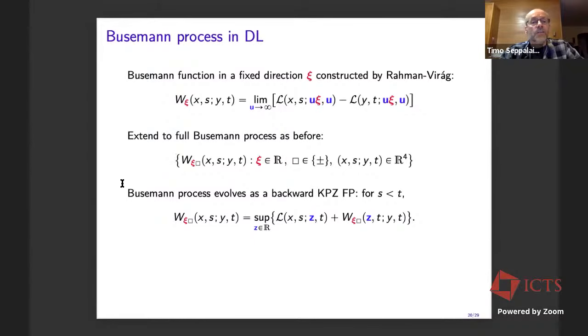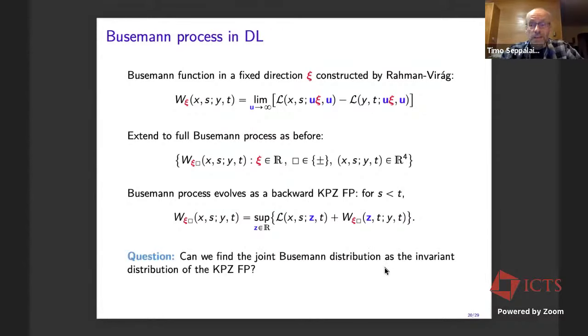Now, to get the joint distribution, the picture is very much like before. Remember, in the corner growth model, the Busemann function evolved vertically downwards in a Markovian fashion. The same is true here also. The Busemann functions evolve backward under the KPZ fixed point. So the question is, can we find the joint Busemann distribution by understanding some kind of a multidimensional invariant distribution for the KPZ fixed point?